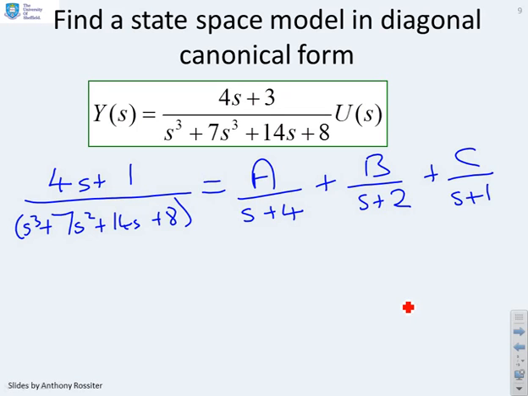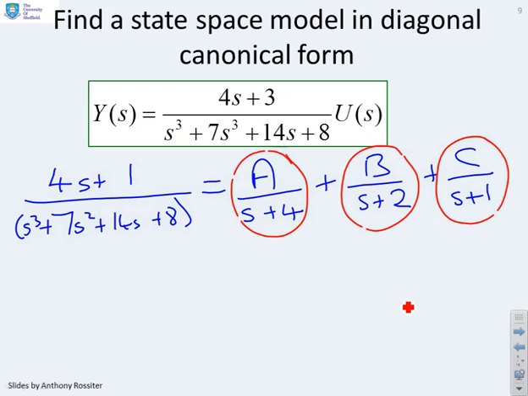So now what we do is we find separate models for each of these partial fraction terms. So I can write x1 dot equals minus 4x1 plus u, and that will map the s plus 4.